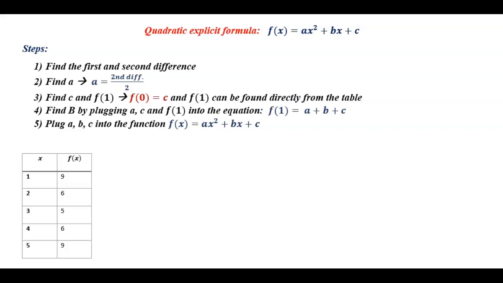So now, in order to understand the explicit formula of the quadratic function, you have to understand the standard form of the quadratic function. The standard form of the quadratic function is f of x equals ax squared plus bx plus c.